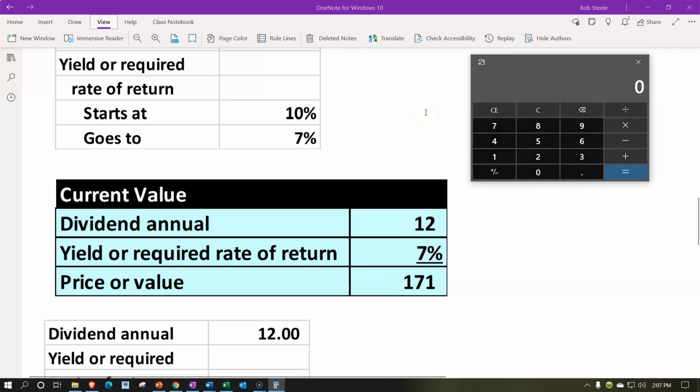If we have the 171 times the 0.07, that would give us about the $12 dividend. If we went the other way, meaning if I put in the 171 expecting a 7% return, that would give us the $12. So you can see as the expected rate of return goes down, the value or price you would expect goes up.